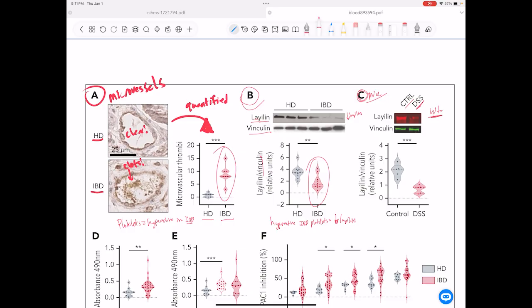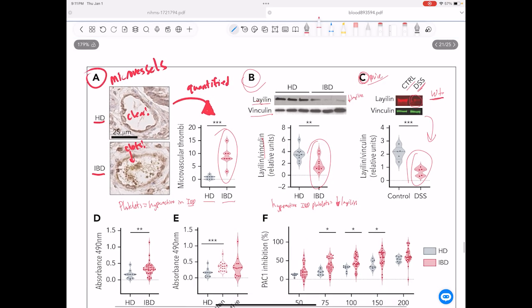And again, look here, we have a reduction of Layilin, which is quantified down here. Look at this. When you induce DSS or when you induce colitis in our mice, your platelets have a reduction of Layilin. Woo! So already looking good in our models. Let's continue on.